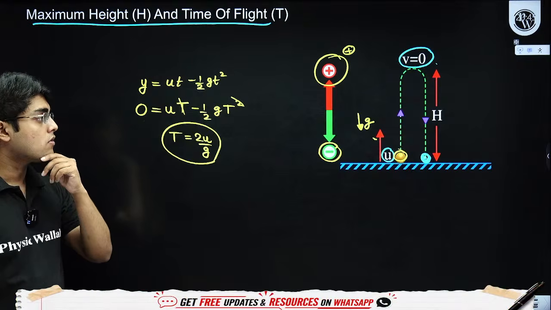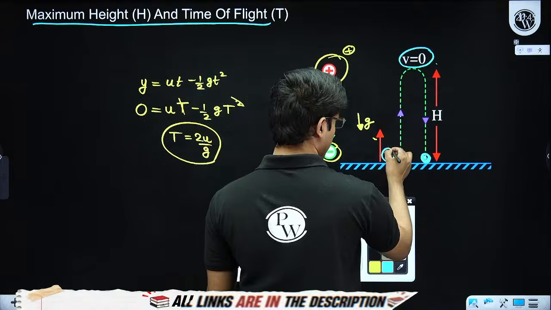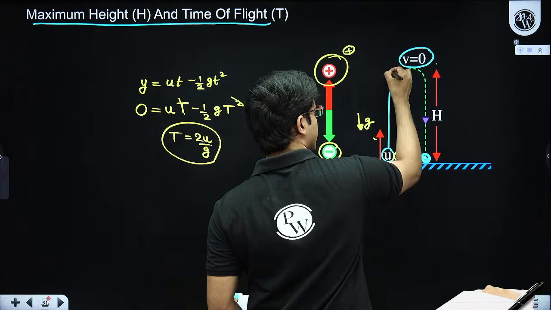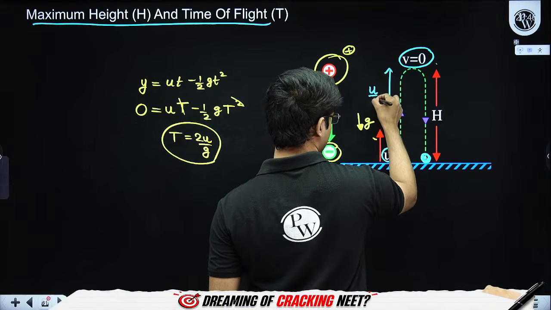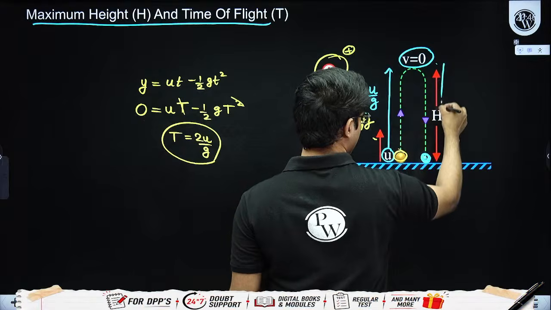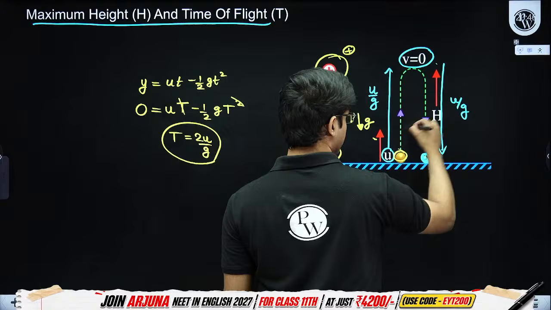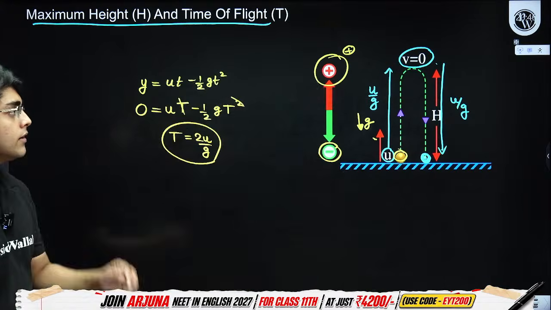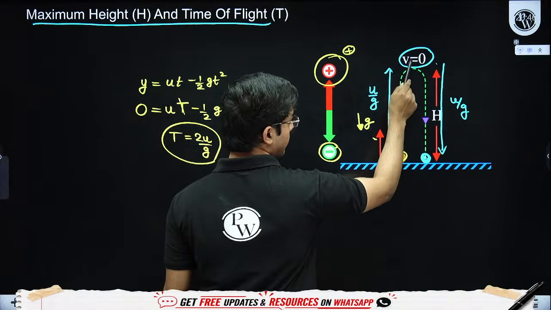This is a symmetric motion, so of this 2u by g time, the time taken to reach the maximum height will be u by g, half of it, and the time to go from the top back to the bottom will also be u by g. So in total it will be 2u by g. Now we just need to find the maximum height.